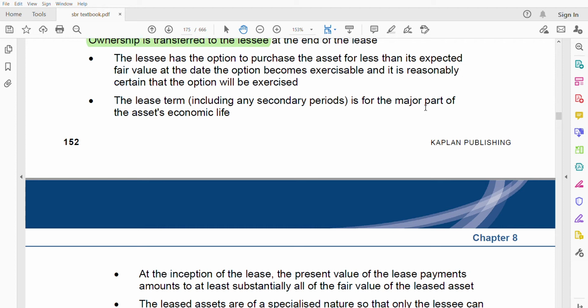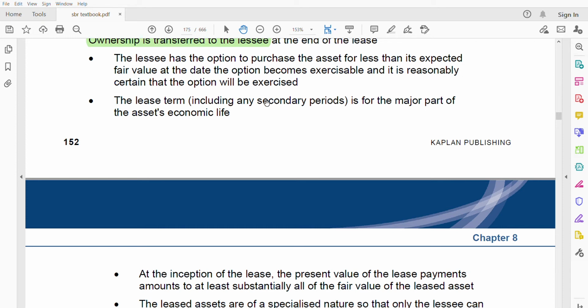For example, the asset's economic life is 10 years, but the lease term was, let's say, 7 years, right? So 3 years it was not on the lease, but 7 years it was under the lease term. So major means definitely it will be more than 50%. The major part of the asset's economic life is in the lease term.